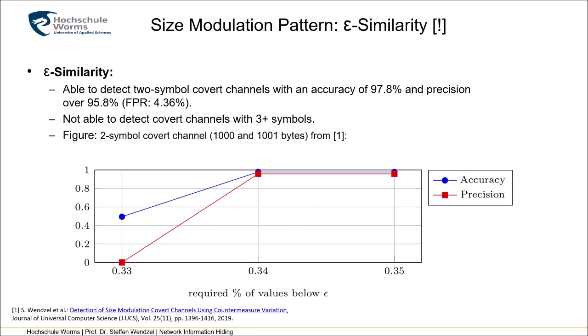And we had to use very narrow thresholds. Only then it worked. So overall, the Epsilon-Similarity seems to be a very specific tool here, and the compressibility score, Epsilon-Similarity, and also the regularity metric should be used in a machine learning based classifier, so that all three metrics are combined to draw conclusions. And then I believe that size modulation patterns can be detected nicely, but that's still to be done.